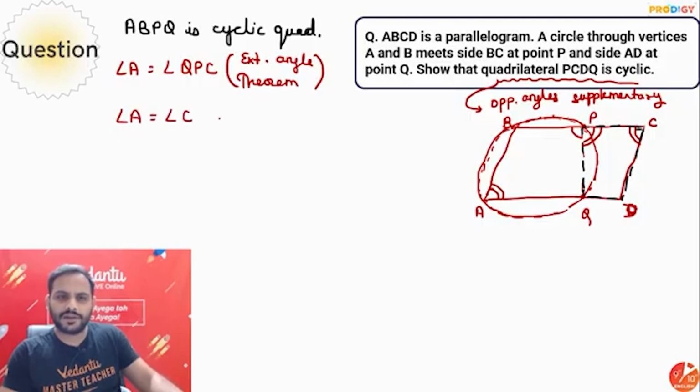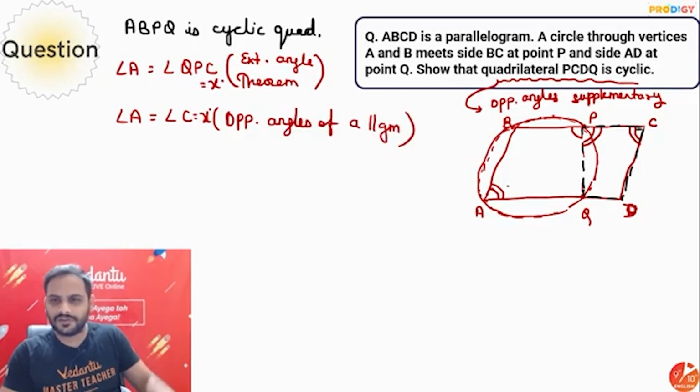Angle A is equal to angle C. Let's write the names. Let's say they are x degrees. Here also give them x degrees, so that it will be easier for us to understand. This is x degrees, x degrees, x degrees.